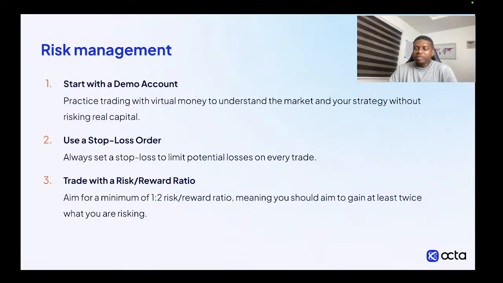So number one step, if you are a total newbie, totally new to the market, it is important that you open a demo account and start practicing with virtual money to better understand the market and improve your strategy without risking real capital.